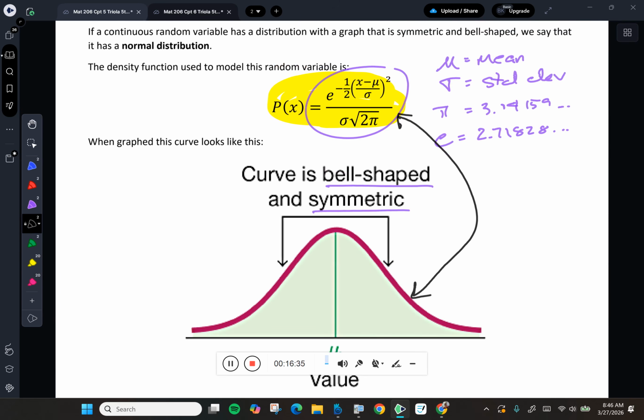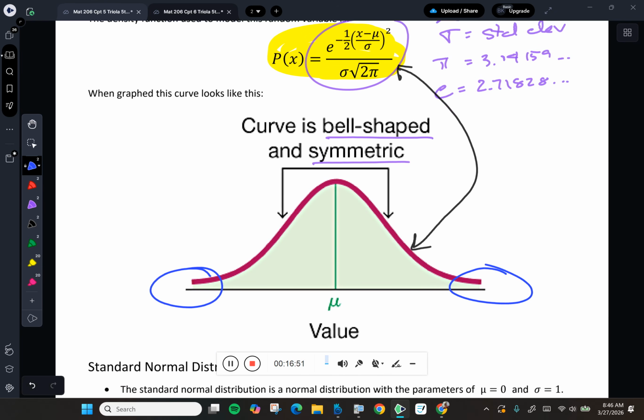Okay. Hopefully, this behavior over here and over here makes sense to you. This curve has a horizontal asymptote, meaning that as the independent variable, that's the horizontal axis, gets bigger and bigger, that curve just keeps getting closer and closer, but never quite gets to the horizontal axis.